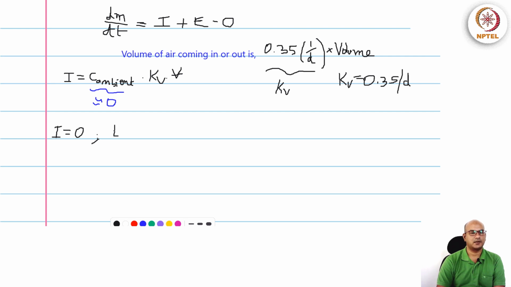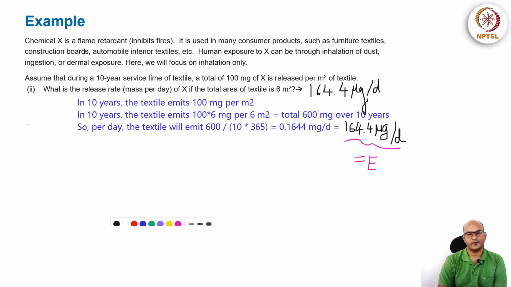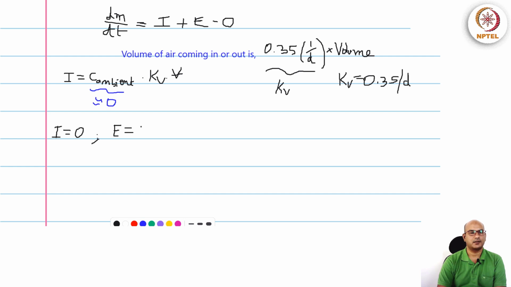E we have already calculated. E is 164.4 micrograms per day.